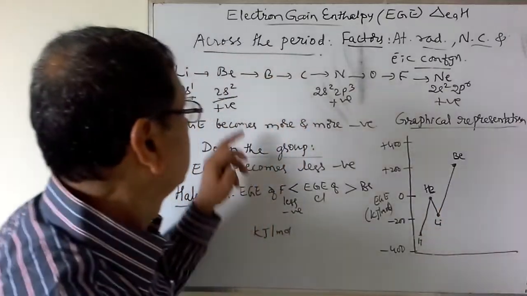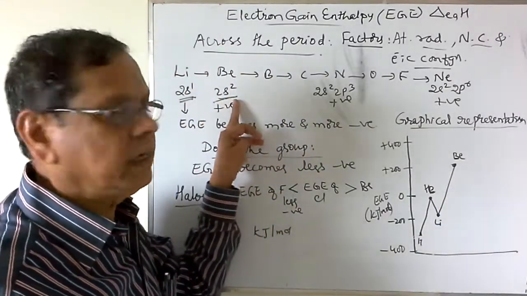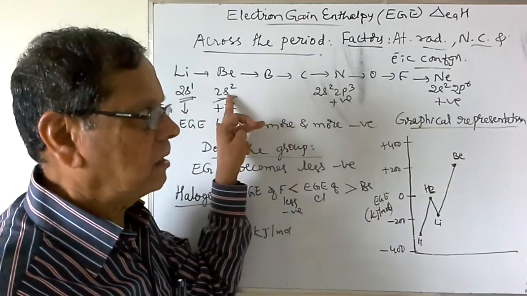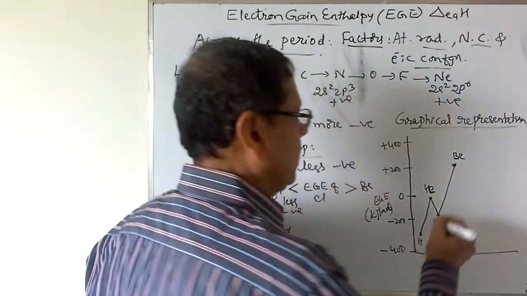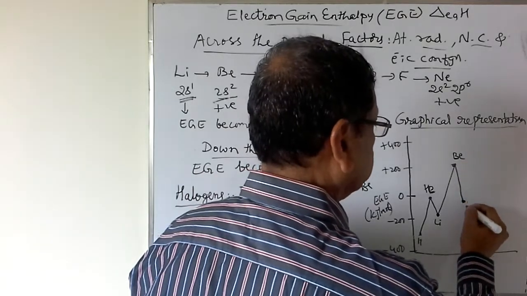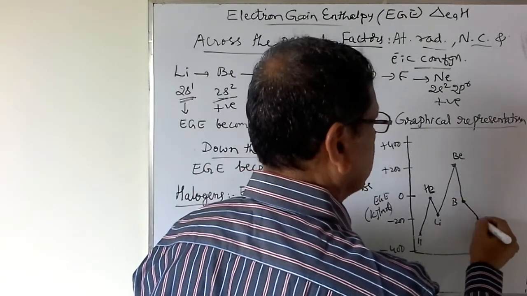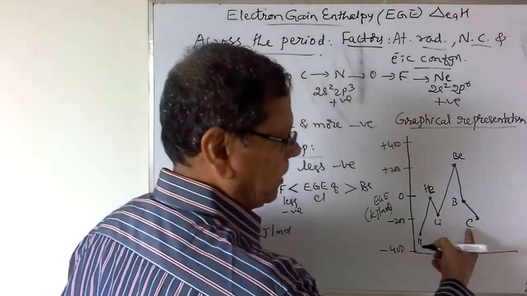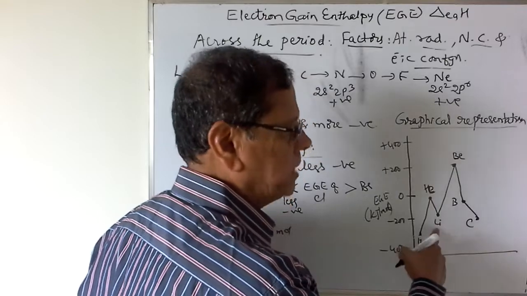From lithium to beryllium there is an increase. It is because in case of beryllium there is a completely filled configuration. That's why it has a positive electron gain enthalpy. From beryllium to boron and boron to carbon: this is boron and this is carbon. Compare boron, lithium and carbon. Carbon is more negative as compared to lithium.